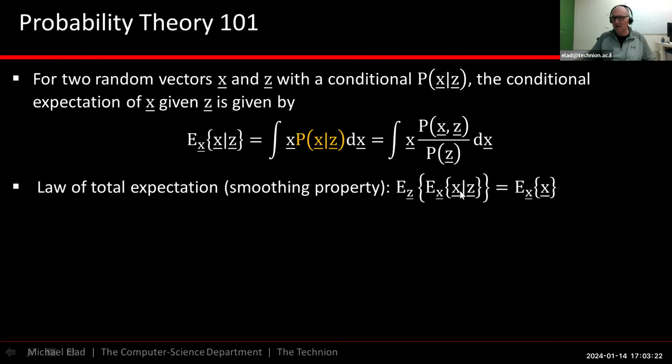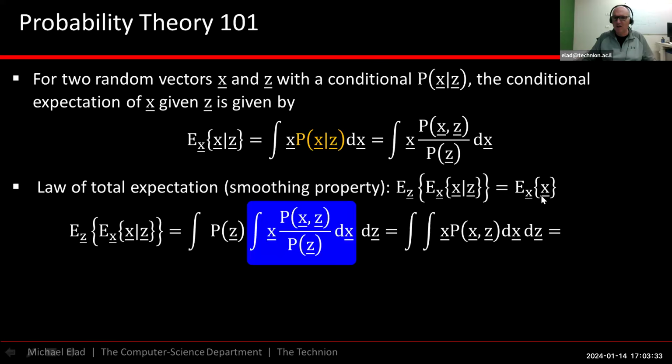The expectation goes through yet another external expectation with respect to all the Z's. And the claim is, it is simply the mean of X. Let's prove this. Very simple to prove. Here is the proof. I remind you, the inner part, the bluish part here, is nothing but what I just wrote here. So I'm taking the inner part, E of X given Z, and translating it into an integral.